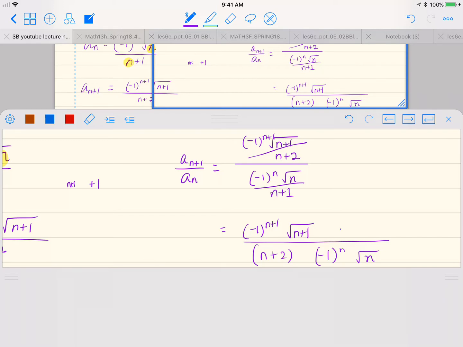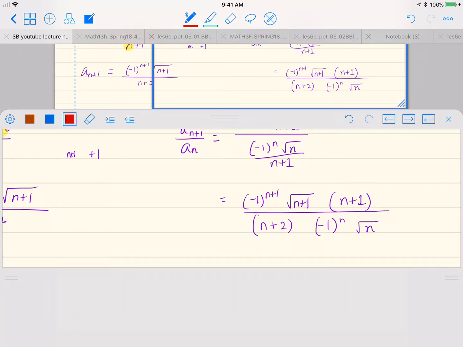And then in the numerator, I need a factor of n plus 1. Okay, now it's time to cancel. Negative 1 to the n is going to cancel with negative 1 to the n plus 1. Now I'll just be left with negative 1.